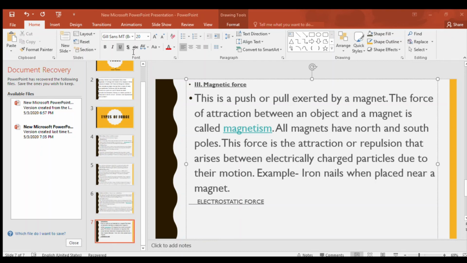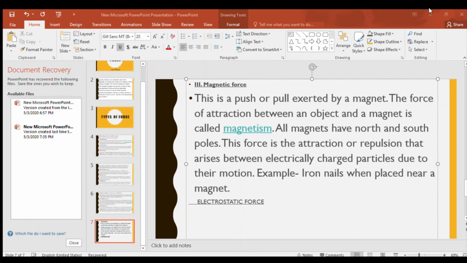This force acts over distances from about one tenth the diameter of an atom down to the size of an atomic nucleus, about 10 to the power of minus 16 m. Like charges repel one another while unlike charges attract one another. For example, two positively charged protons repel each other, as do two cations, two negatively charged electrons, or two anions.